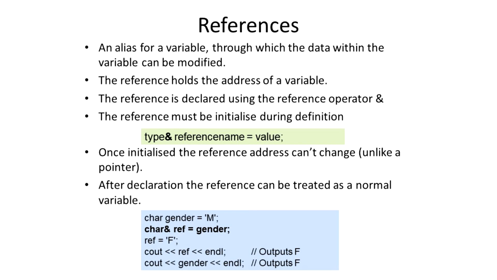In the second line, there is a reference, as we said previously, which has the reference operator and refers directly to the first variable. Then in the third line, you can set a value for that reference variable, and that will directly modify the value for the first variable, the variable to which it refers. So that's just another way that you can directly refer to the memory address of another variable.